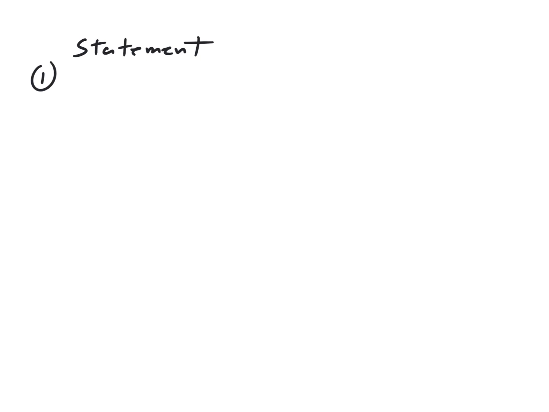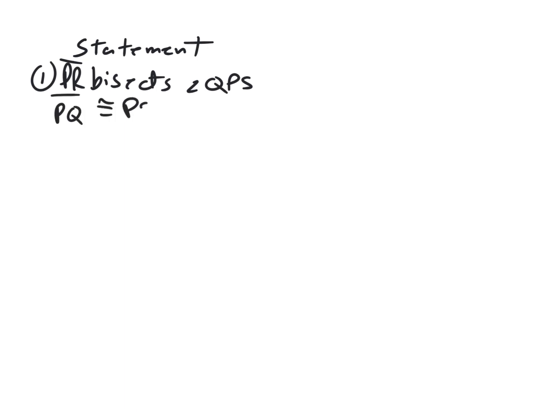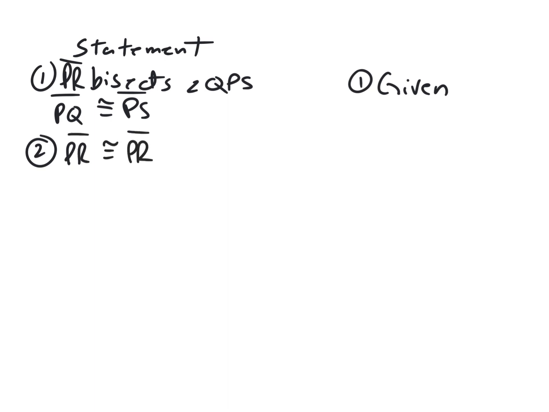So I'm going to go in the same order I did for the previous slide. PR bisects angle QPS, and PQ is congruent to PS. That's the given. Then the second step is PR is congruent to PR.